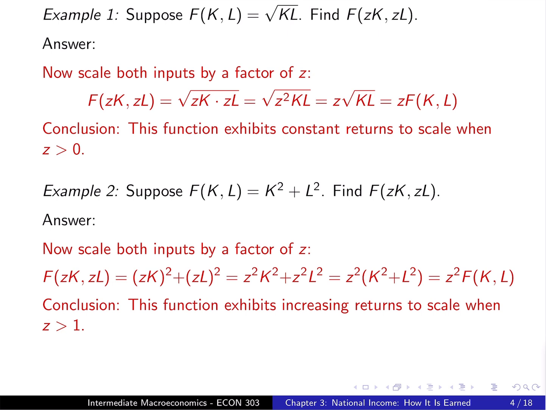That equals Z squared K squared plus Z squared L squared. That equals Z squared times (K squared plus L squared). That equals Z squared times F(K, L). Conclusion: this function exhibits increasing returns to scale when Z is greater than 1.